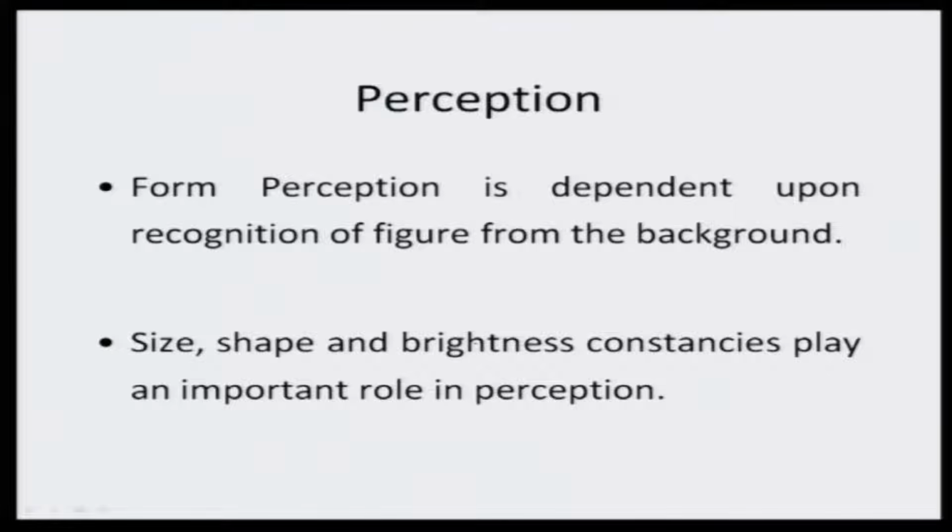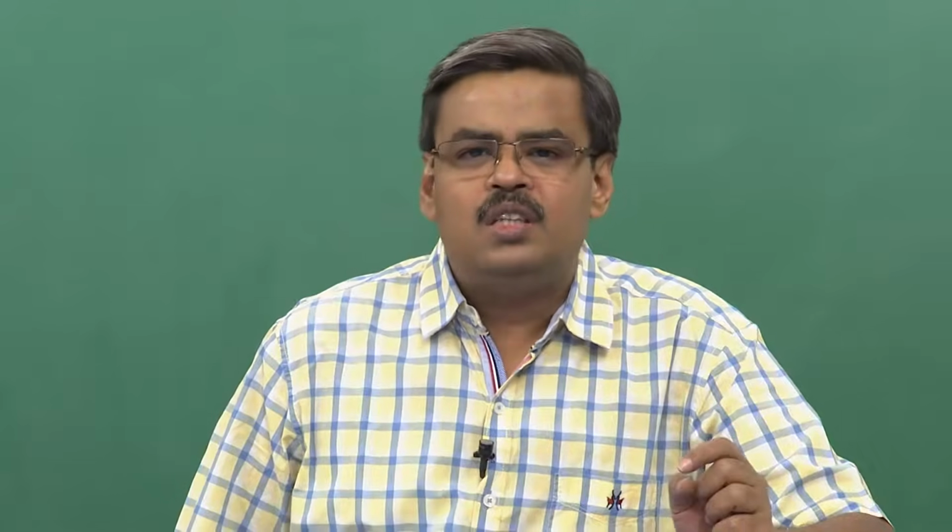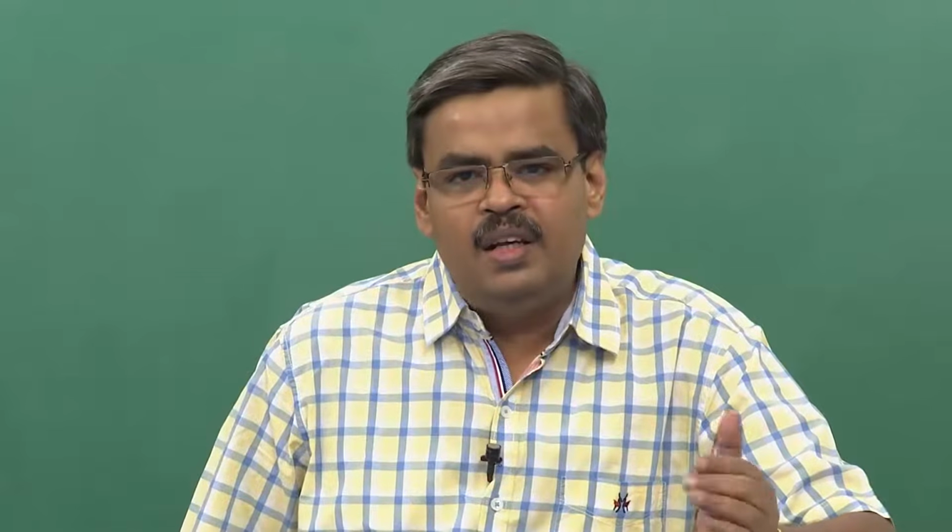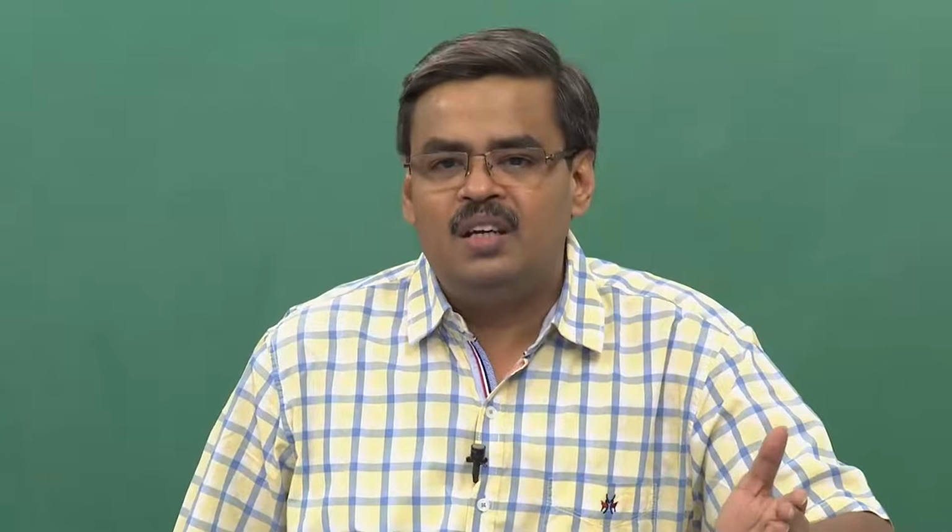We will come through it in a few seconds, that depending on the situation, the size of the object might change, the shape of the object might change, the brightness, the contrast effect might change, but then we have a tendency as human beings to maintain mentally a degree of constancy in terms of shape, size and brightness, and that helps us perceive situations much better.